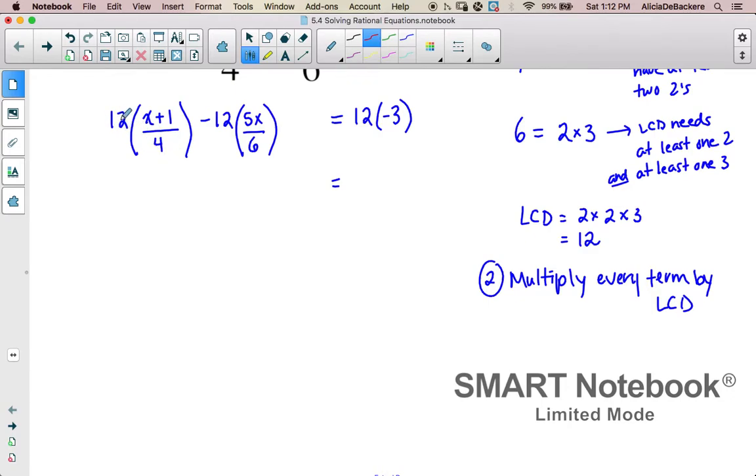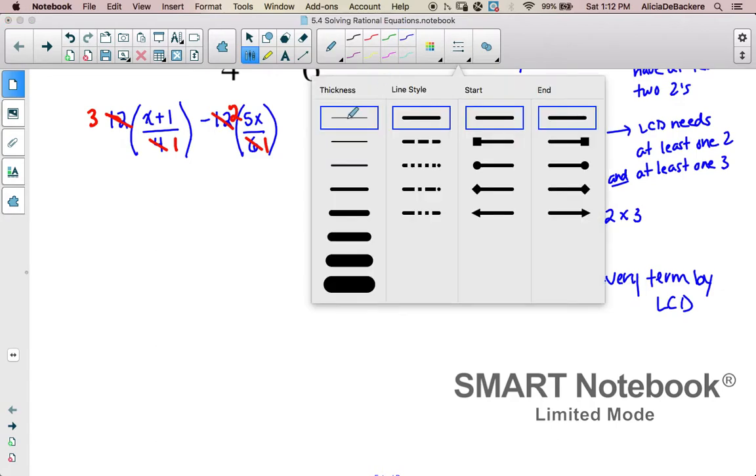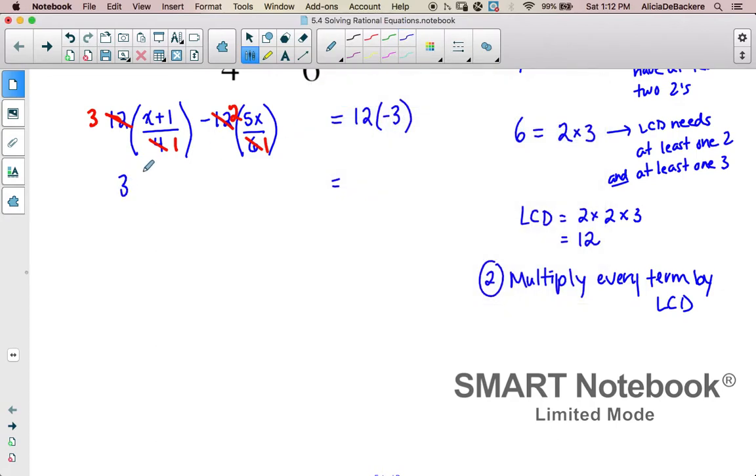So 12 divided by 4 is the same as 3 over 1, and 12 divided by 6 is the same as 2 over 1. It's always going to work out that I end up with all of these 1's on the bottom, so I have no denominators at all anymore. So now what I have is 3 times x plus 1, minus 2 times 5x, and then negative 36. And now I can just solve this polynomial.